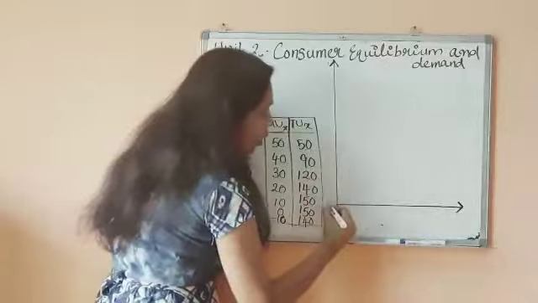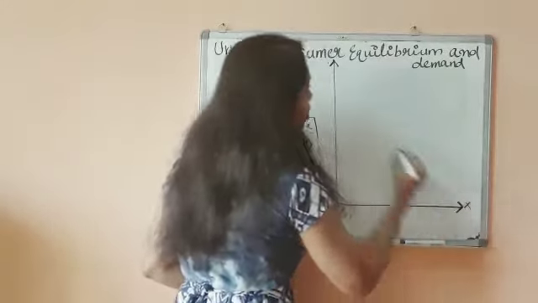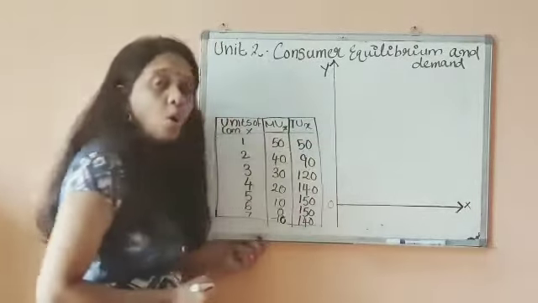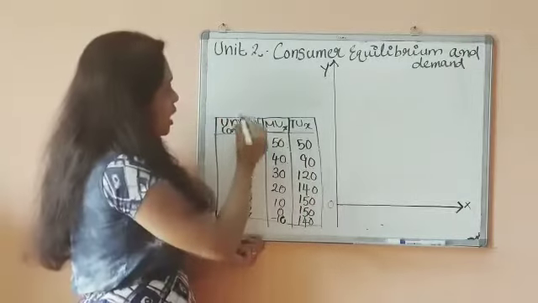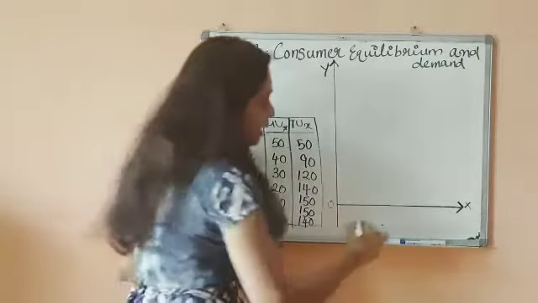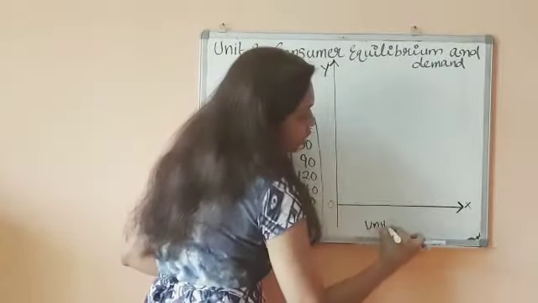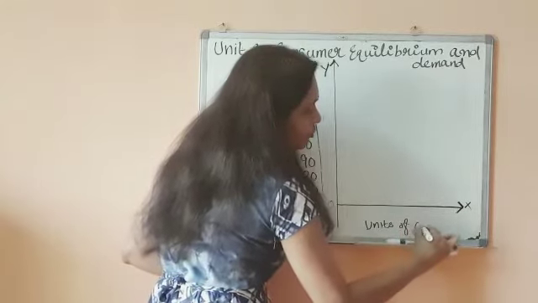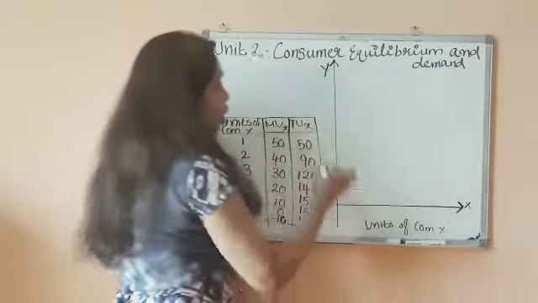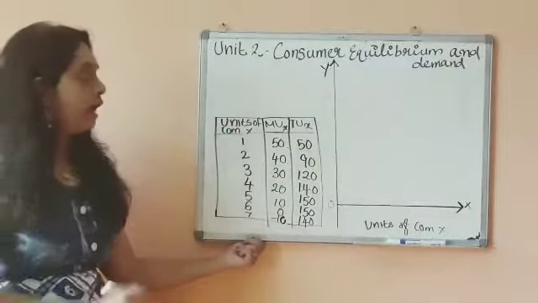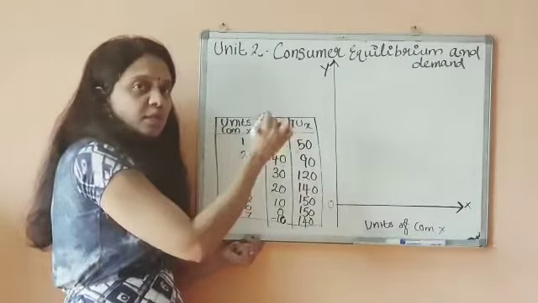OX axis, OY axis. OX axis, units of commodity X. OY axis, MUX and TUX.